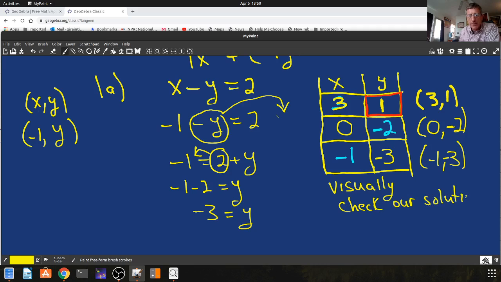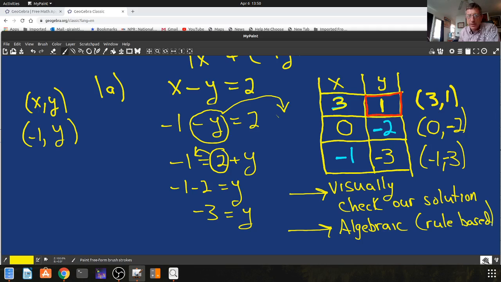So again, this is the power of the invention of the coordinate plane, or the XY plane: we have ways of visually checking whether something is true, and then we have algebraic ways, which are far from visual, right? Algebraic ways are rule-based.